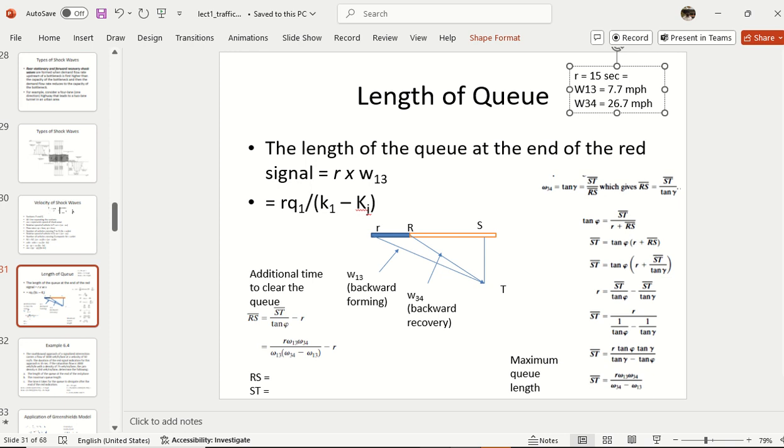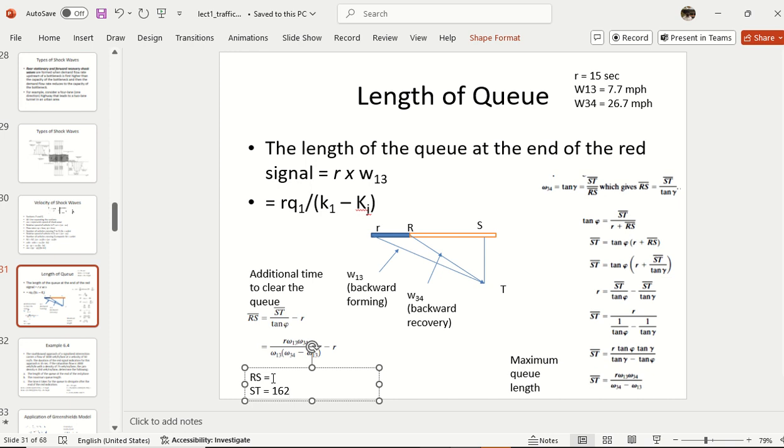Which value? Q length? Okay, and RS is? Without converting. Which numbers? So what are the units? Tell me. Did you convert red time or not?